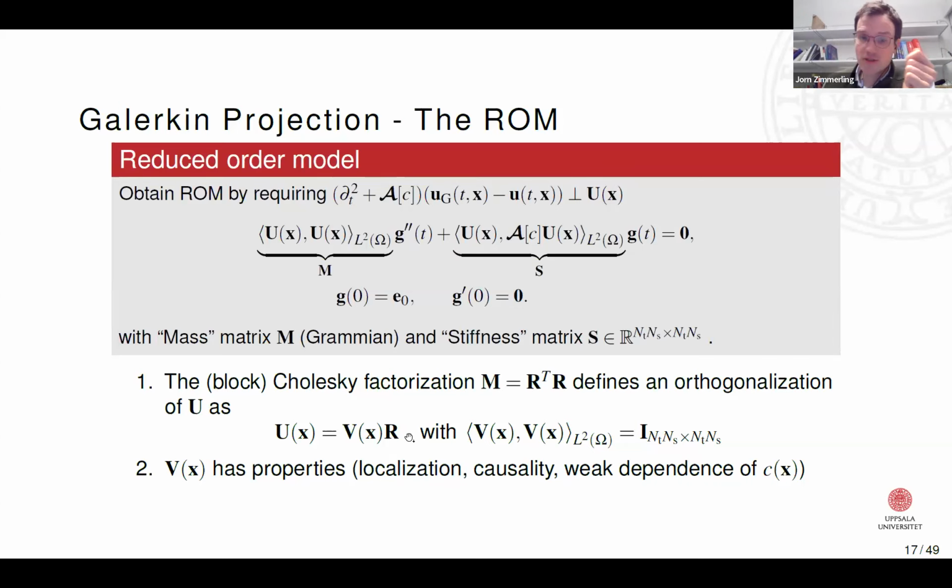It turns out that, first of all, it's localized. Then it is causal, and I'll explain what that means later. Essentially, because R is an upper triangular matrix, and you do this via Gram-Schmidt factorization, the fifth vector in V is a linear combination of the first 5 vectors of U. And what that means is that the travel time hull of the functions U, V is also supported in that travel time domain.